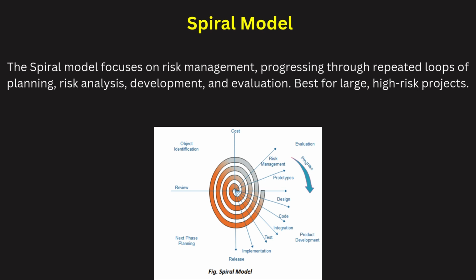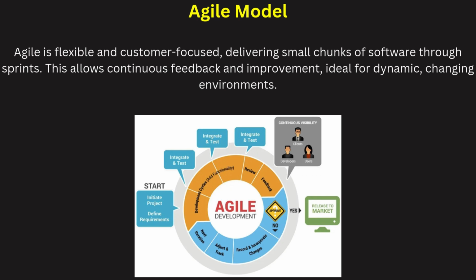The model is useful for large, complex projects with high risk, such as software for space missions, where the unknowns need to be addressed gradually. It's flexible but can be costly and time consuming due to the focus on risk assessment at each phase.